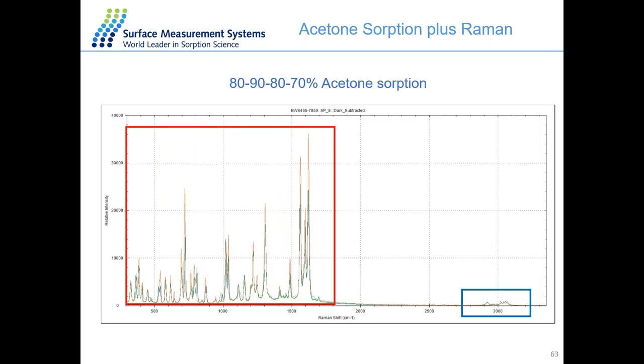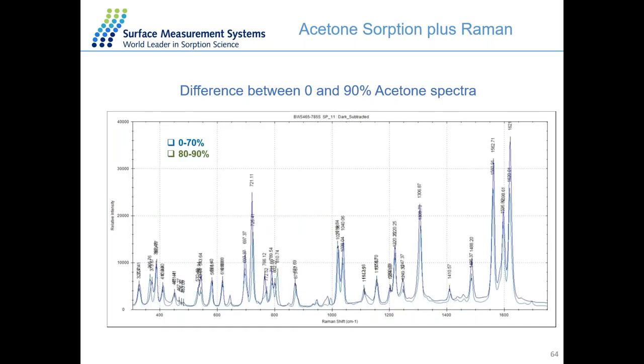If we move to 80, 90% partial pressure, you can see that there is a significant change, not only in the position of the peak, but also in the formation of new peaks. We can zoom in on the two sections where we have the most interesting data, and you can see that we can follow which peaks correspond to the 0 to 70% partial pressure, and which peaks are actually new due to the formation of the solvate.